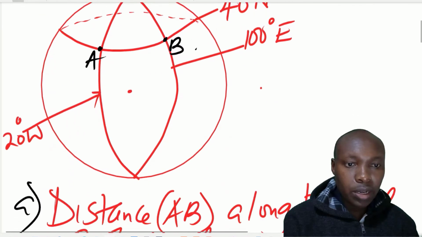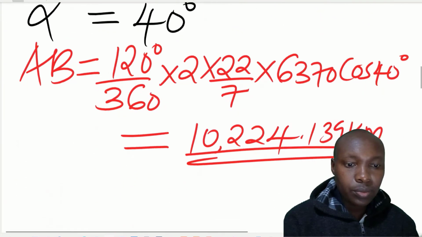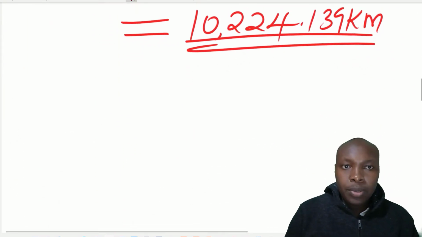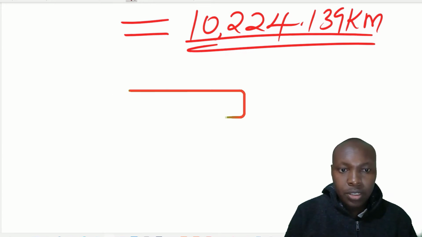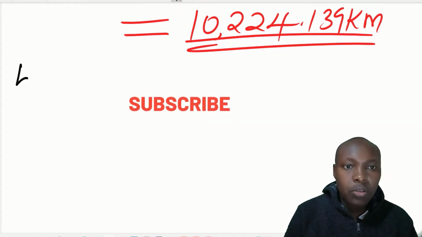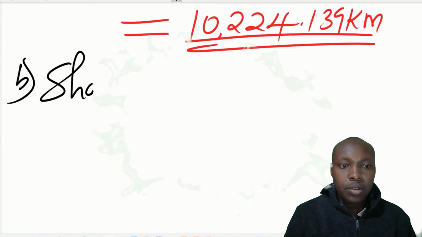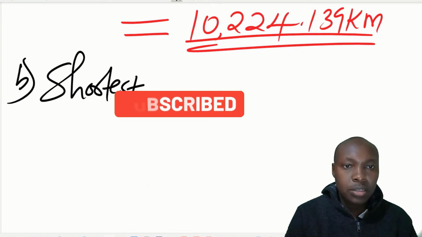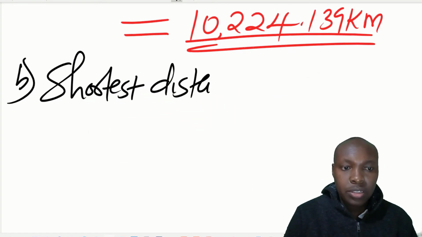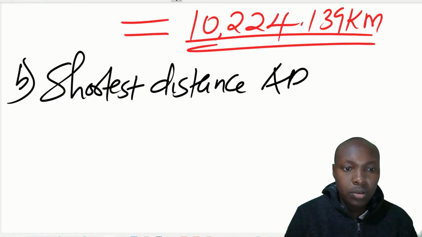Now let's go to the second part of the question, part B: the shortest distance AB along the Great Circle. I want us to calculate that distance.